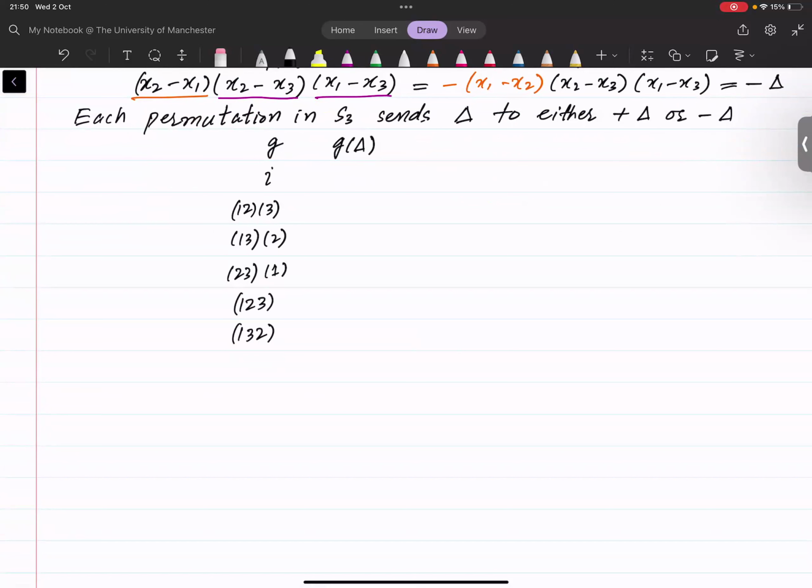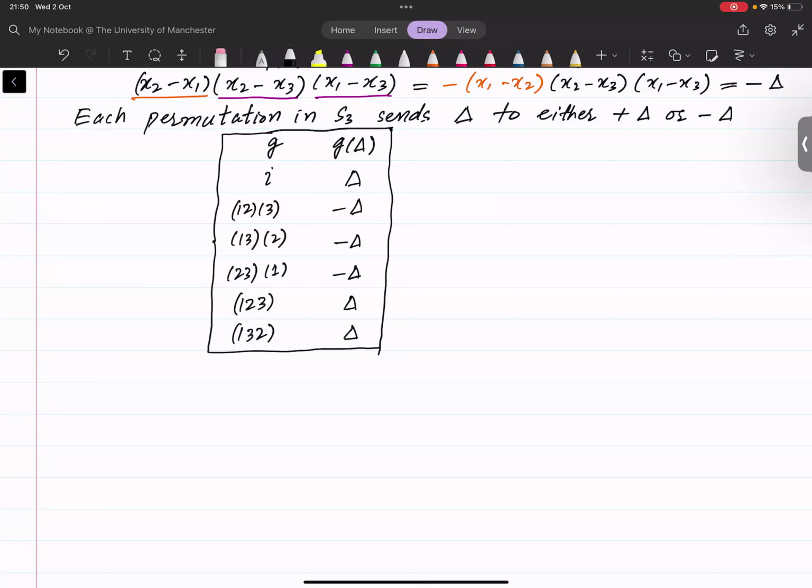Now, if we apply identity, it will send delta to delta. If we apply 1, 2, 3 fixed, then it just gives us minus delta. Similarly, 1, 3, 2 gives us minus delta. But 2, 3, 1 also gives us minus delta. And this will give us delta and delta. So let's say this is a table. So S3 gives us these signs.